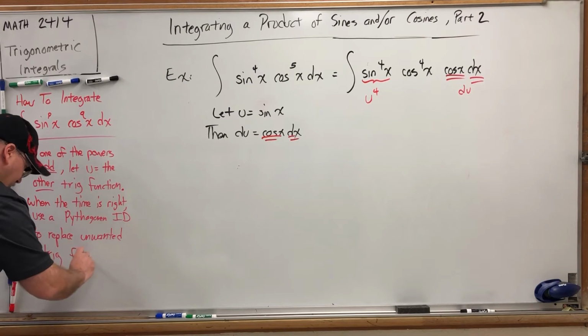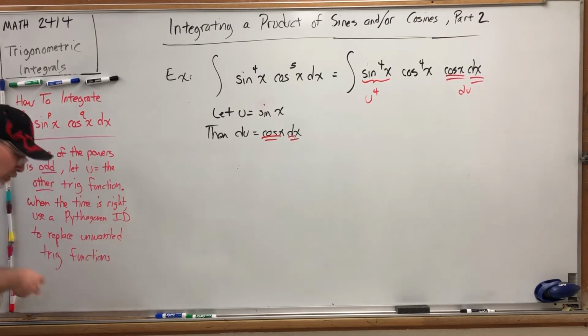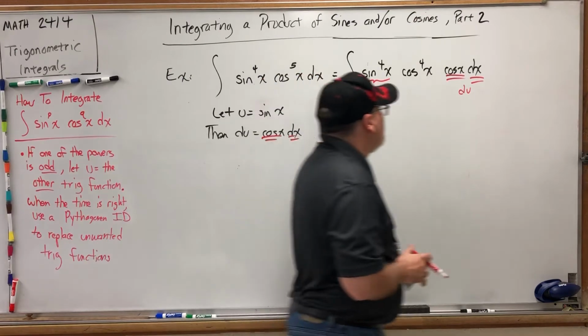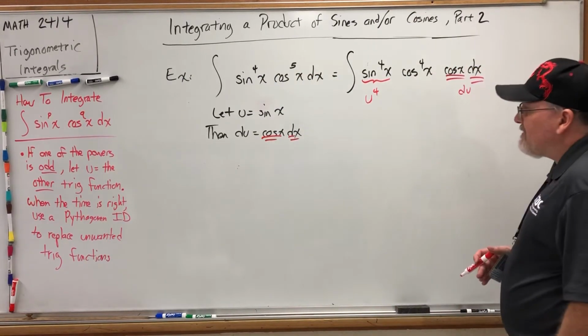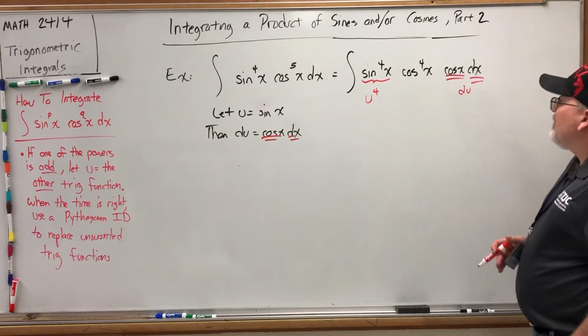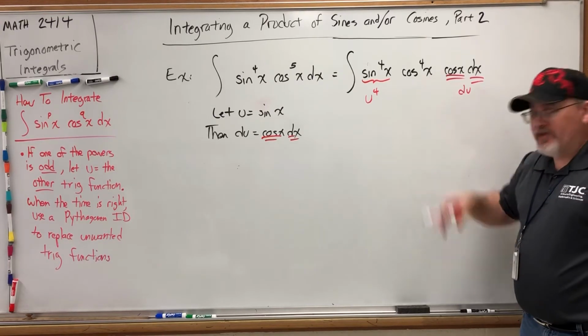Now you may be saying they're all unwanted, but what I mean by unwanted trig functions is by setting this off and saying u equals sine of x, I have 4 cosines left over that I don't want.